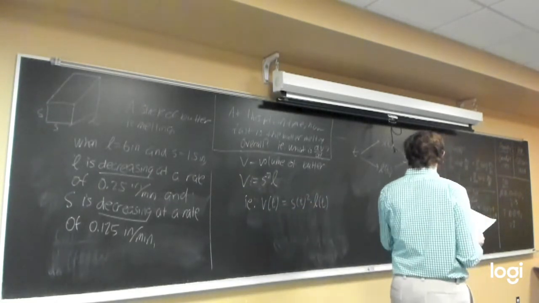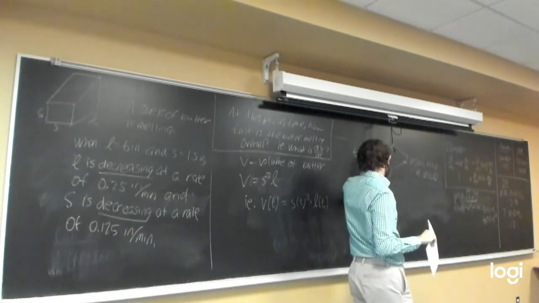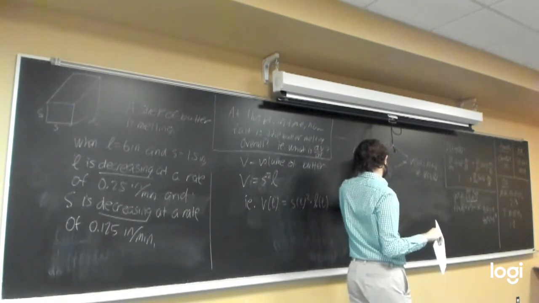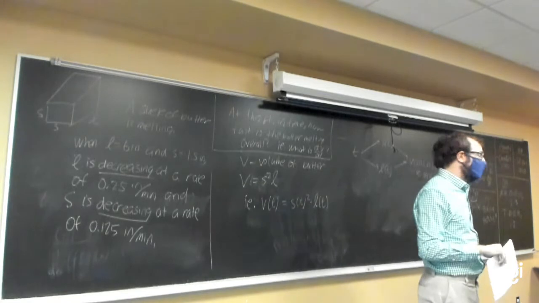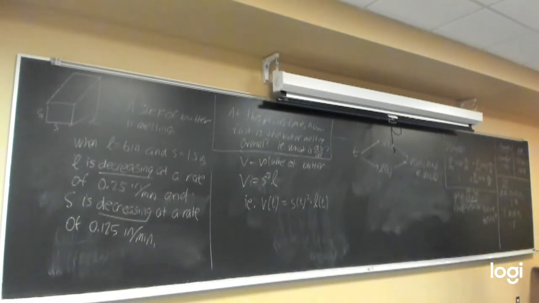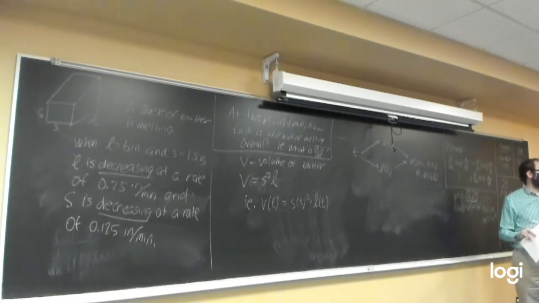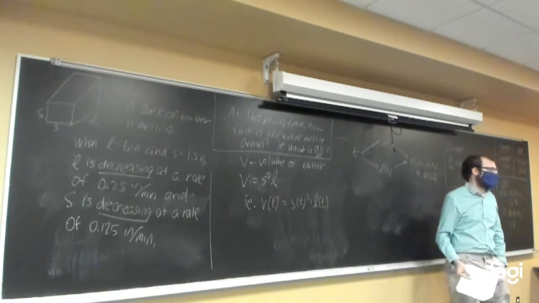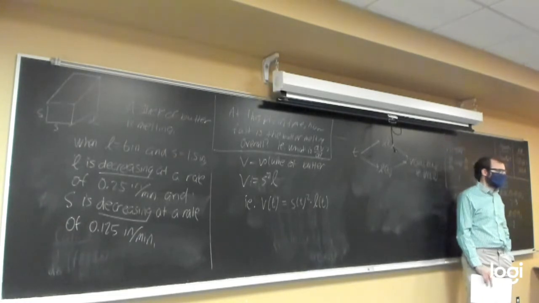Meaning volume is a function of S and L, and S and L themselves are going to be functions of the same variable t. And so we're going to be able to use this multivariable version of the chain rule to differentiate volume with respect to time by working our way down through the middle and differentiating volume with respect to S and L along the way.